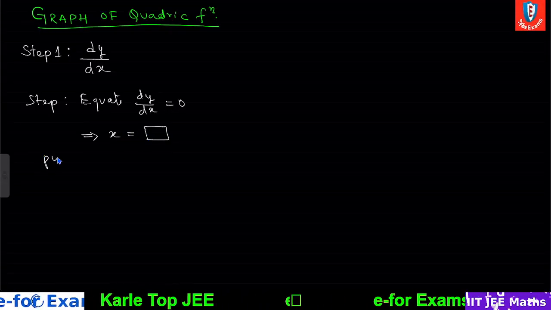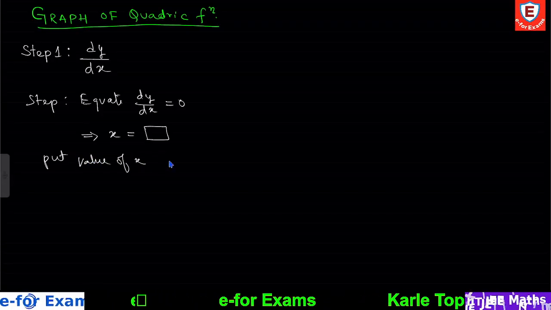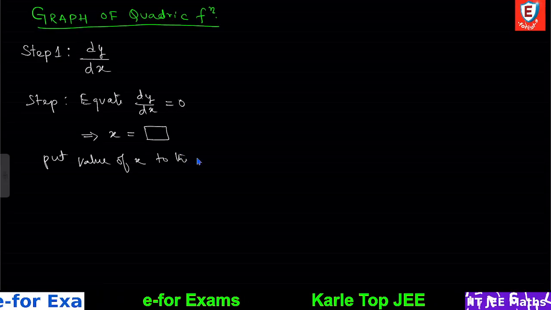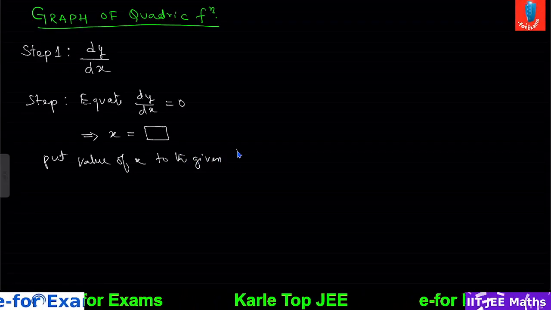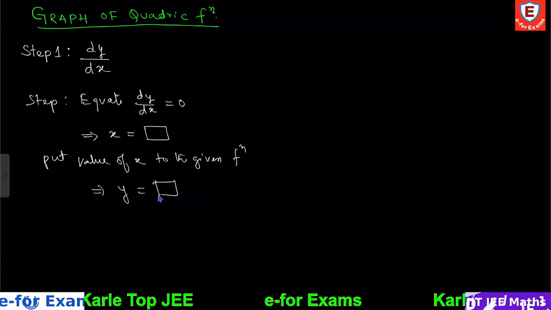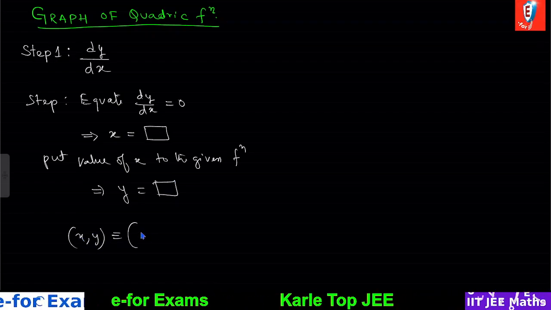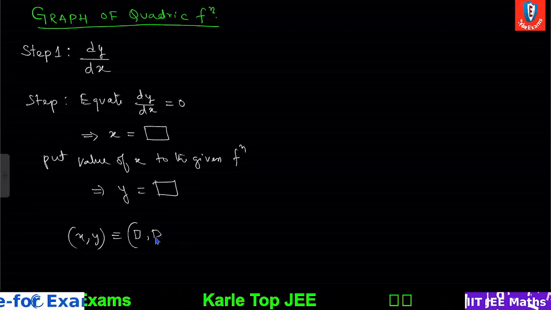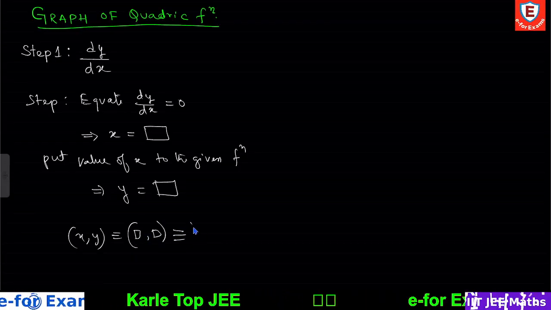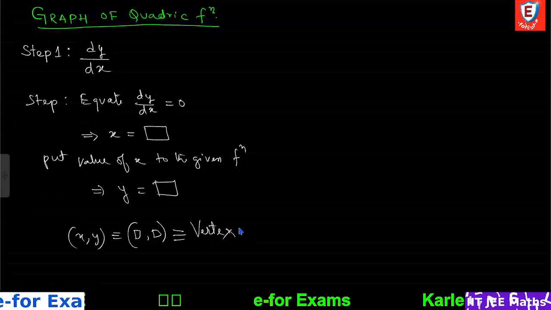Now put the value of x into the given function, and then you will get the y. Then this (x, y) becomes the vertex of the graph.